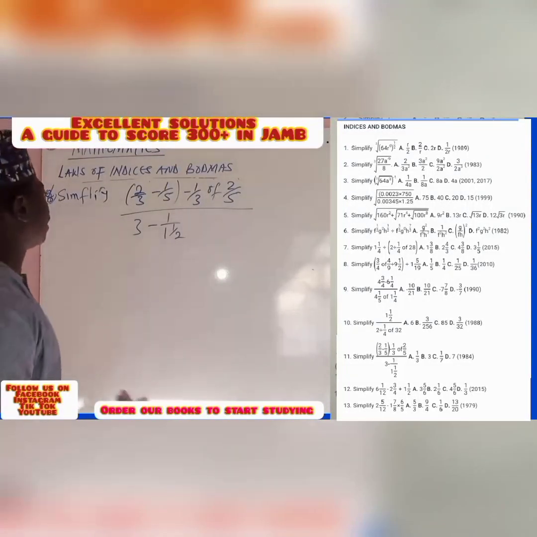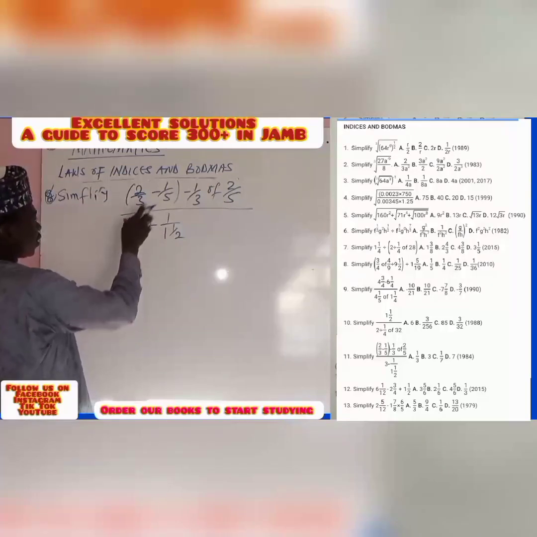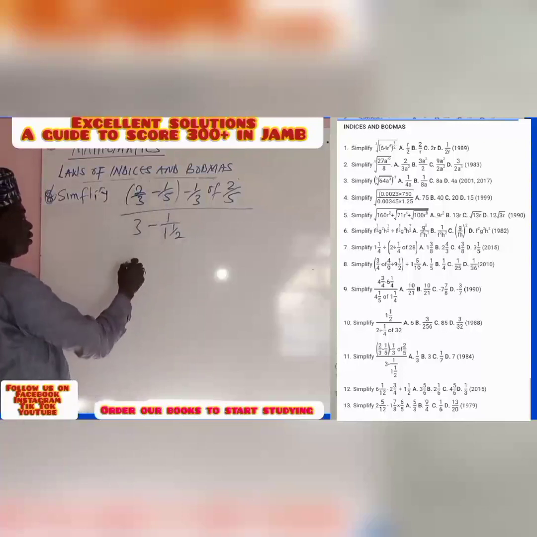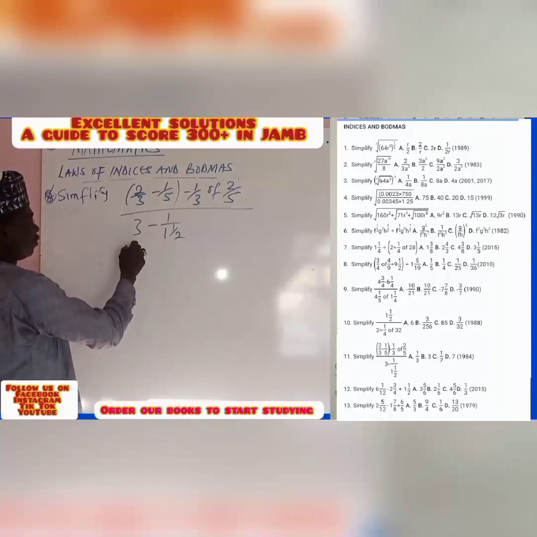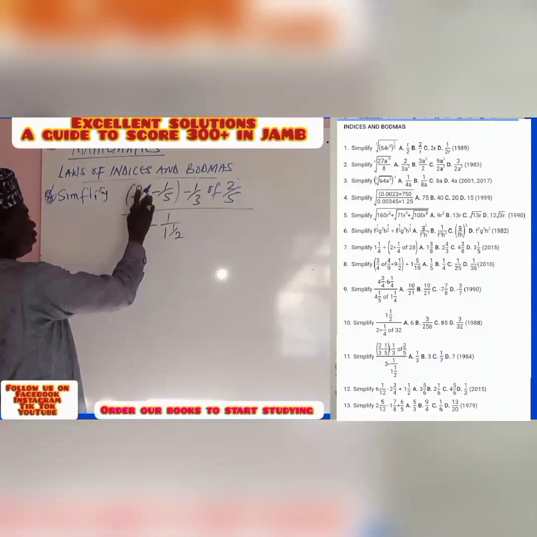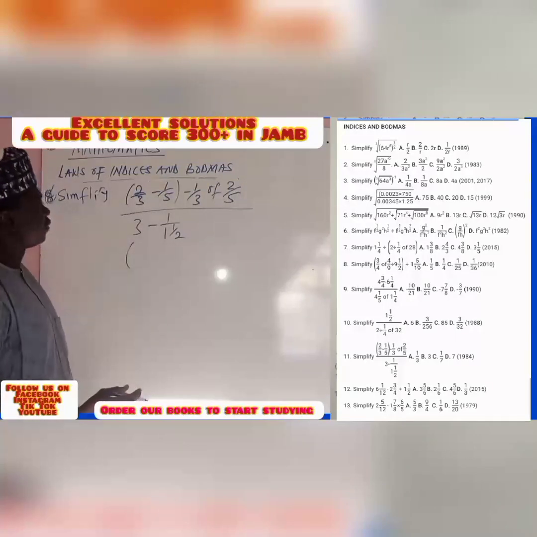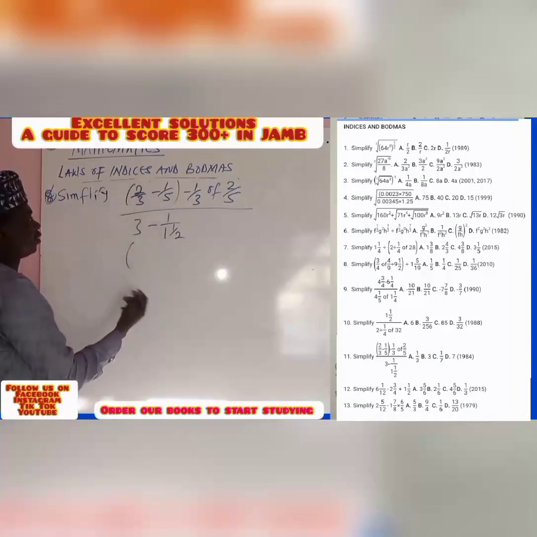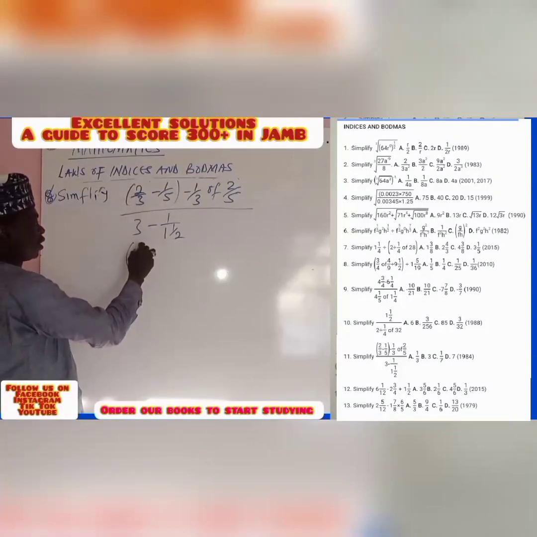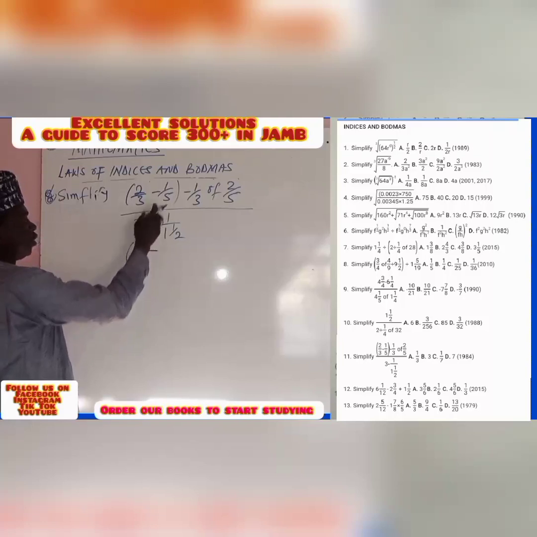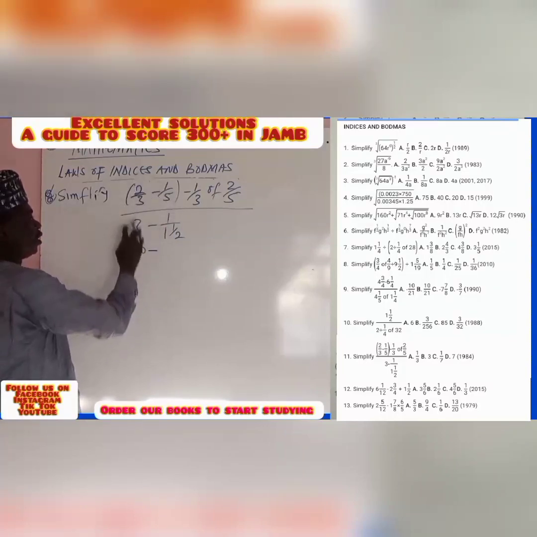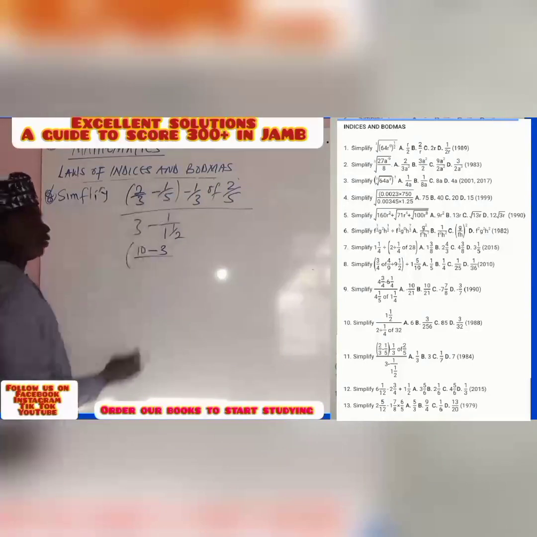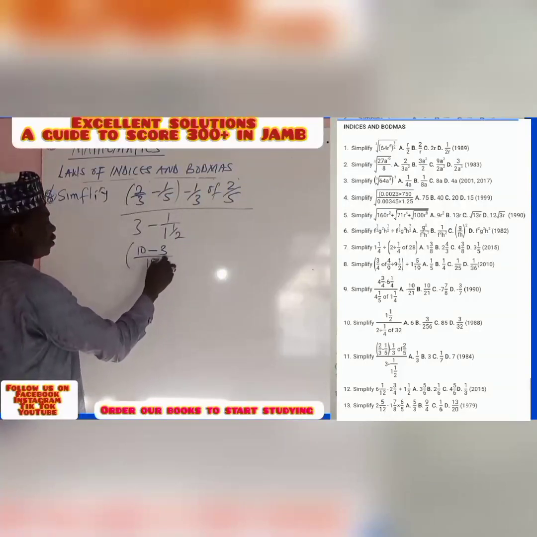First thing we do now is that we look into our parentheses. So which is now we have the LCM of 3 and 5 is 15. So 15 by 3 we have 5, 5 times 2 we now have 10 minus 3 times 1 is minus 3 divided by 5 times 3 is 15.